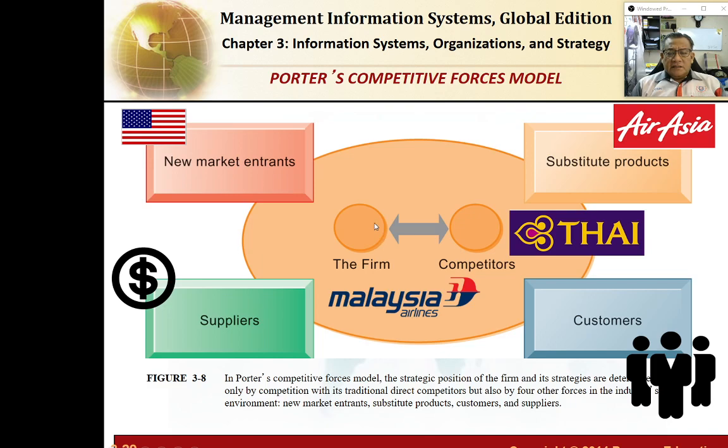Okay, the firm Malaysia Airlines basically has a direct kind of competition with the low-cost airline, for example, AirAsia. This is what they call substitute service because it could offer equally airline service at a lower price. This is what they call substitute product or service.